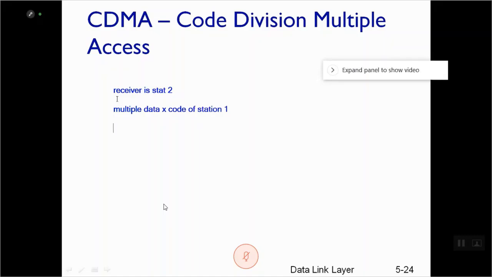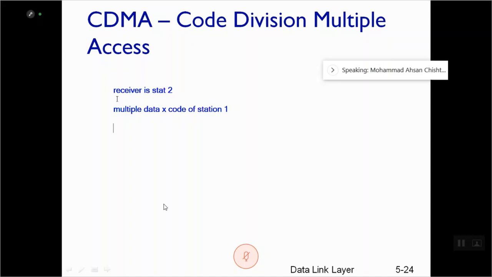So what do we get here? As per the rule that I mentioned just now, the properties: if we multiply each code by another, we get 0. If we multiply each code by itself, we get 4.